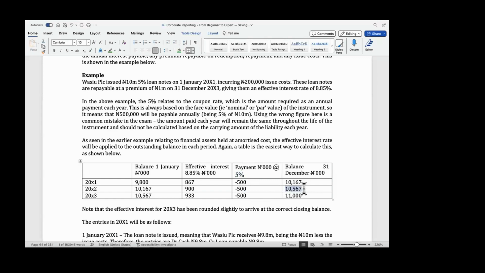Then the closing balance is 10,567. Then in year 3, we bring it forward, 10,567. Then we have 8.85% on 10,567, and that gives us 933. Then we pay 5% on the principal amount, which is 500. Then our balance is 11,000, which coincides with the premium repayment of 11,000 at the end of the day.